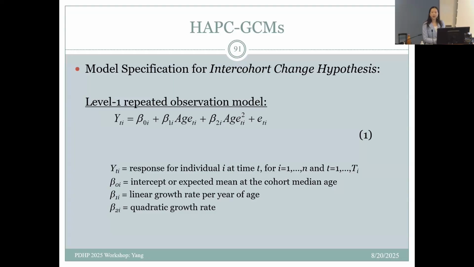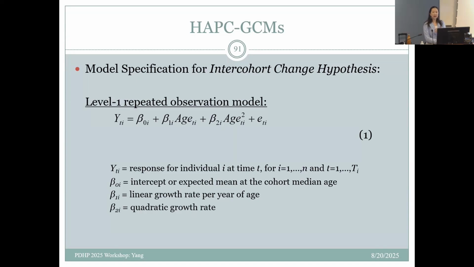This final model is the most full and saturated model, which can sometimes be quite reduced in actual practice. So the model specification for testing the first, intercohort change hypothesis, which is the foundation of all hypotheses: at level 1, the repeated observation model within the individual is specified as such. Suppose y is the response for individual i at time t, a function of age and age squared.